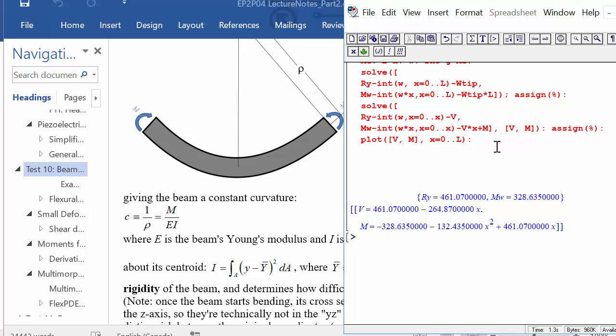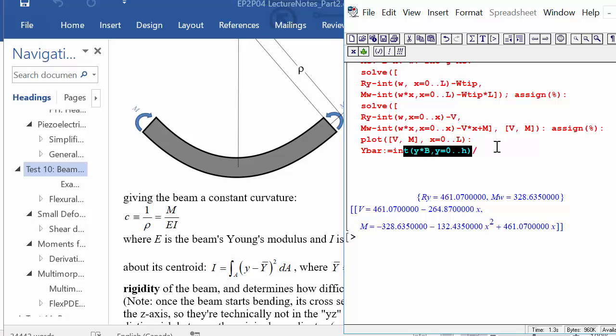But let's suppose that we don't know that, and we're going to figure out where y bar is. So y bar would be equal to the integral of y over the area. To integrate over the area, we would just multiply that by the width of the beam, and then integrate from y is 0 to h. This is if we're setting the y equals 0 spot at the bottom of the beam.